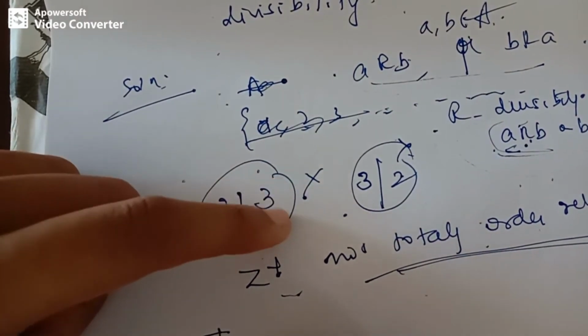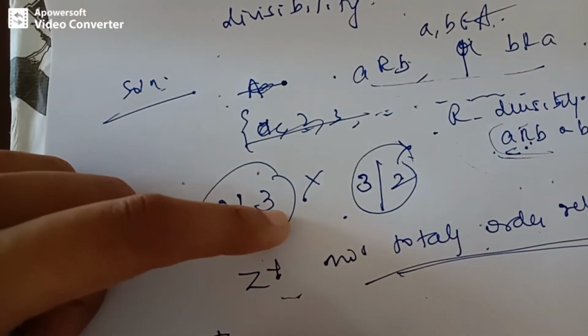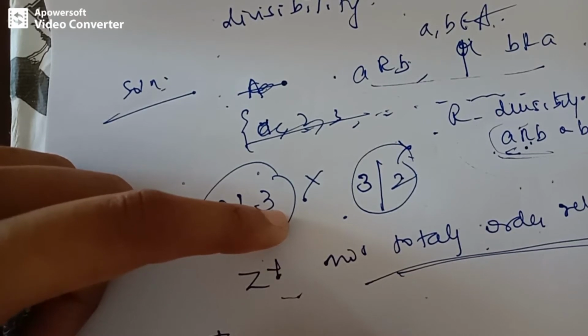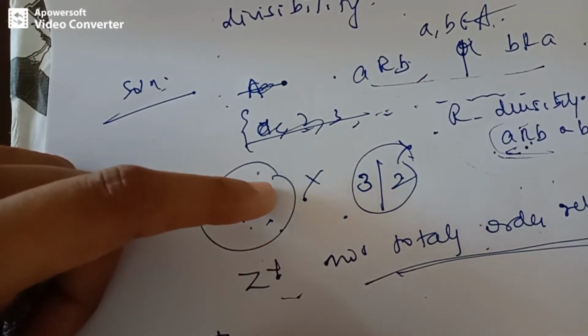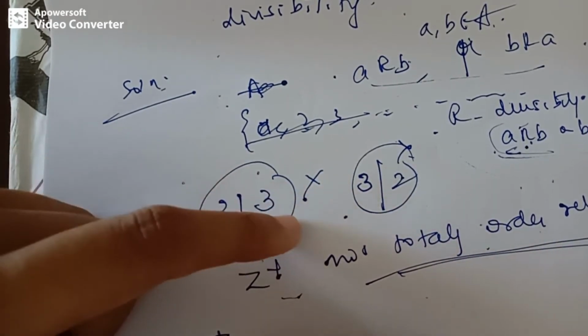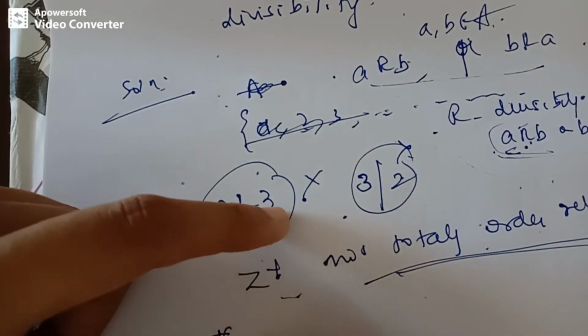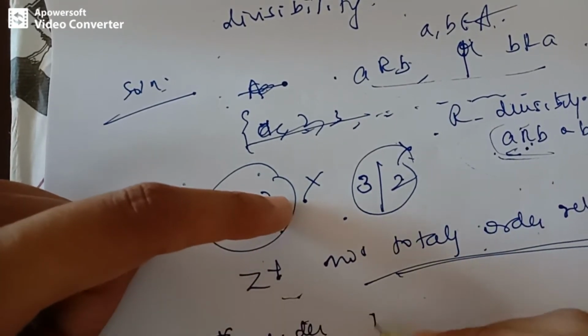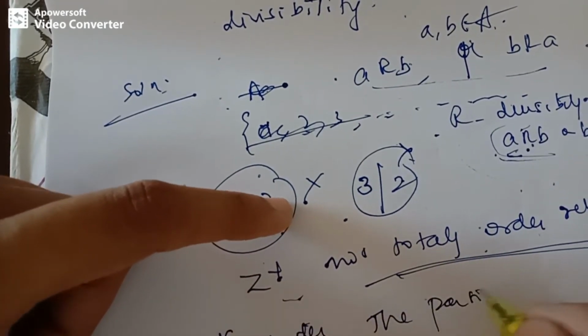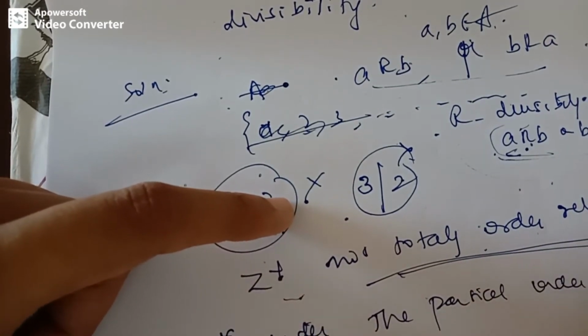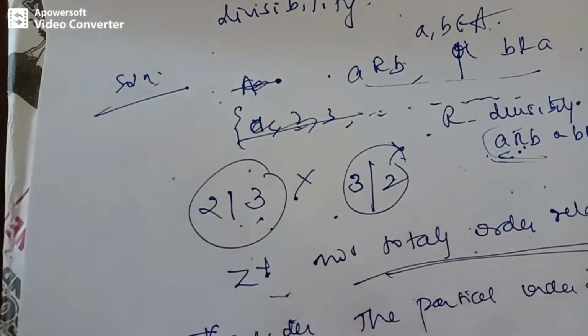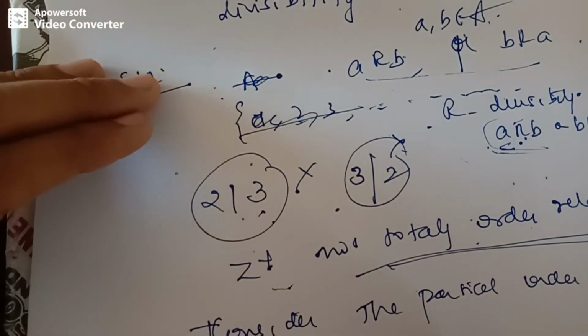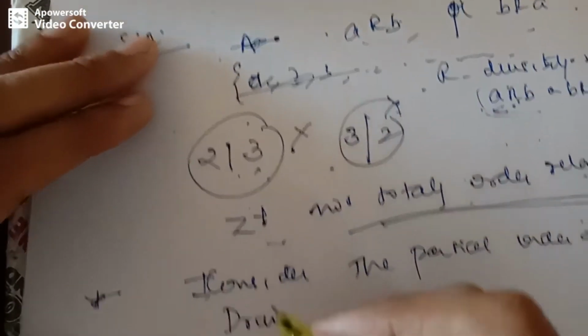We need to consider the partial order of divisibility on the set A, and draw the Hasse diagram for the poset. So the question is to consider the partial order on set A, and you have to draw the Hasse diagram.